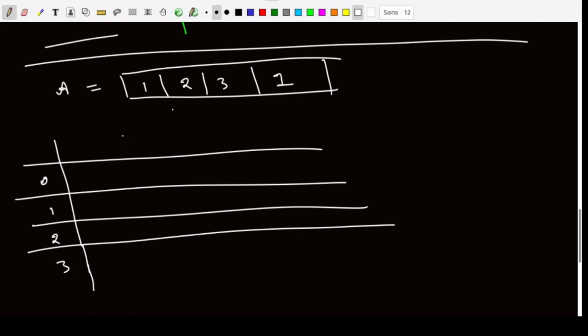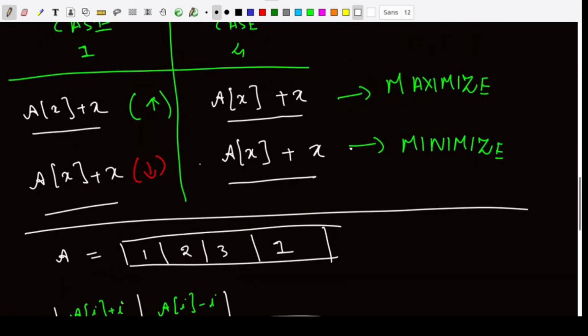And let's say this denotes, here I want to find out ai plus I. And here I want to find out ai minus I, right? Because these are the two terms which are being used across.